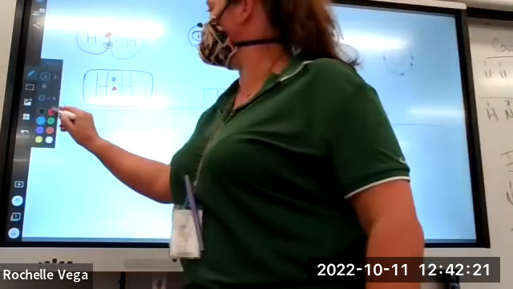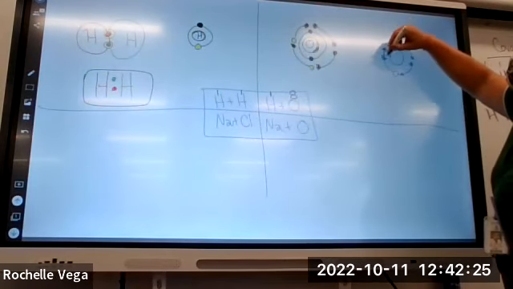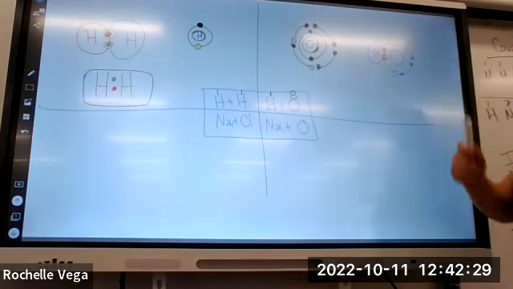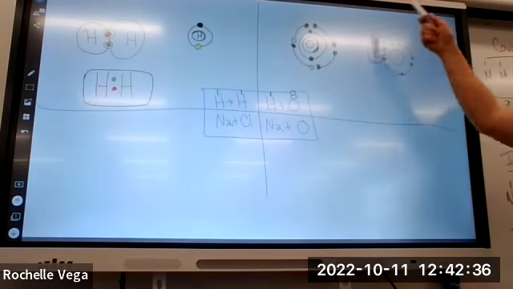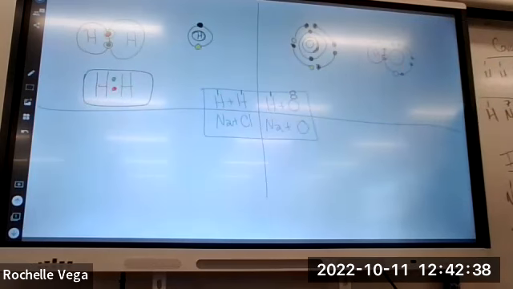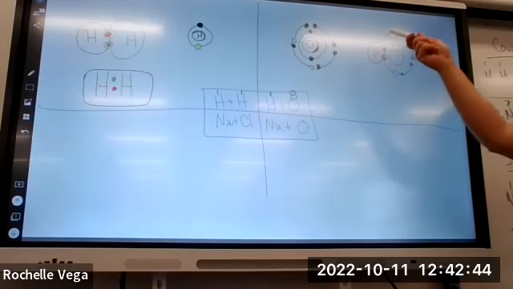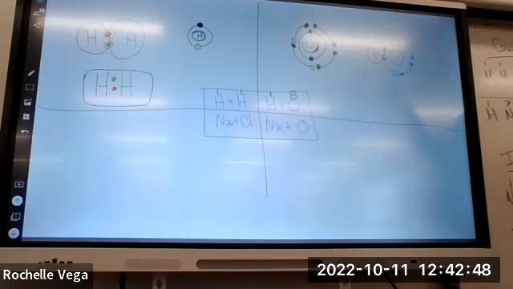So if I put in a hydrogen here, is my hydrogen now happy? The red circle, is it all filled? Is there any open spots? No, right? My open spot got filled in with one of the oxygen electrons. Hydrogen's happy. Is oxygen happy?